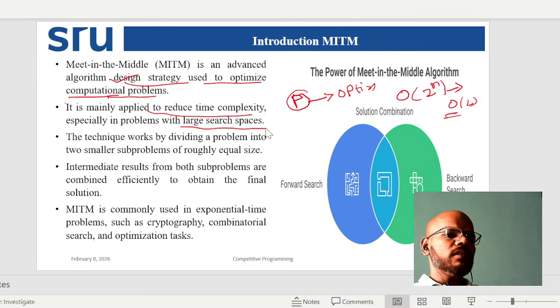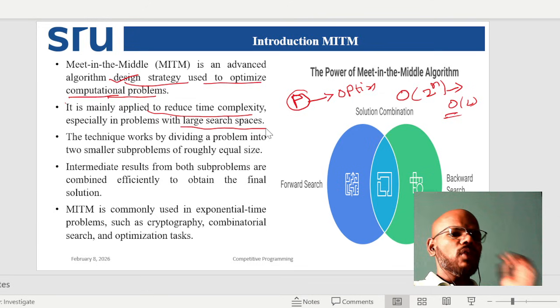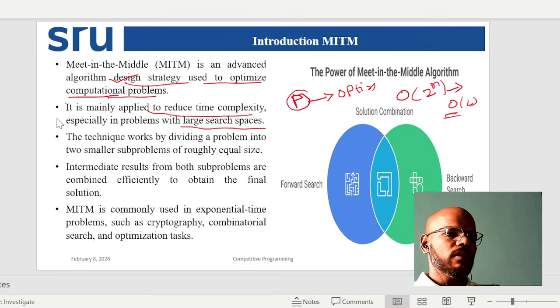So simply we can say this meet in the middle technique is specially used for reducing the time complexity from a higher time complexity to a lower time complexity. This is the second point, right?